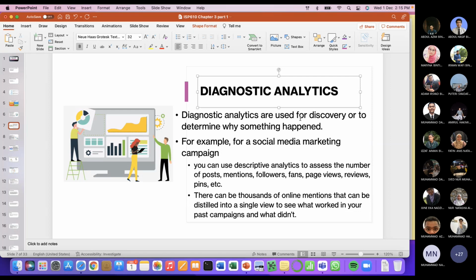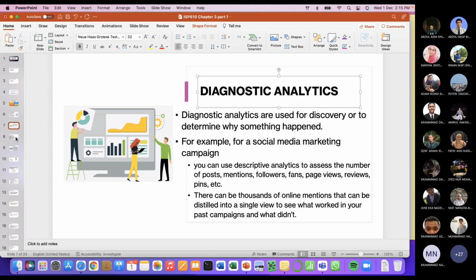So kena tengok, investigate balik, what are the comments that have the positive punya comments. Negative, okay, what factors, what are the words, what are the things yang people always talk about that product ke atau that company yang negative. Okay, so itu adalah diagnostic analytics.